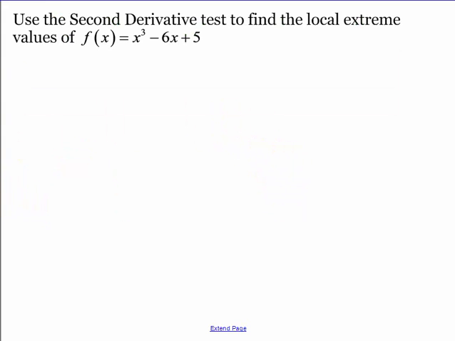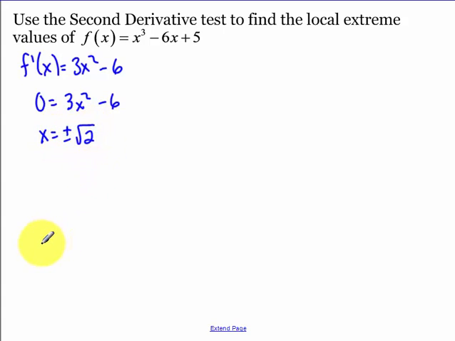Okay, using our second derivative test to find local extrema. So first we find our first derivative, and I set that first derivative equal to 0. So that gets me my x values of plus or minus root 2. Now I find my second derivative, and my second derivative, in this case, is equal to 6x.